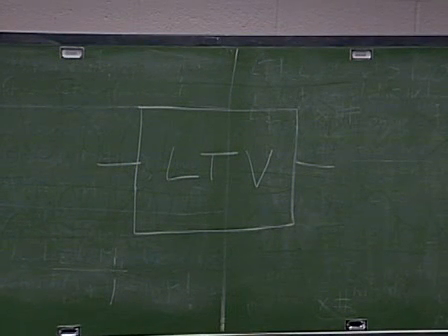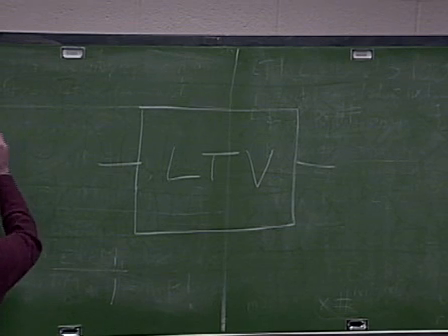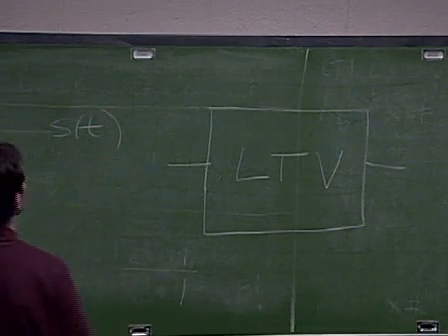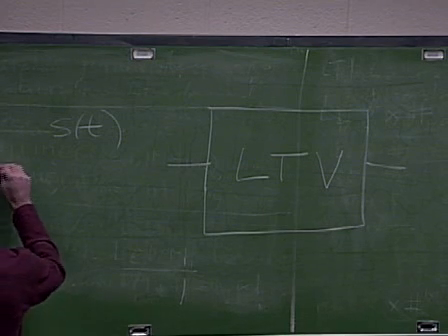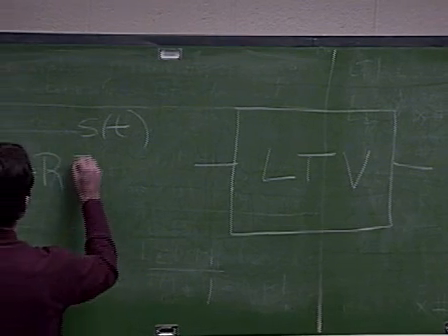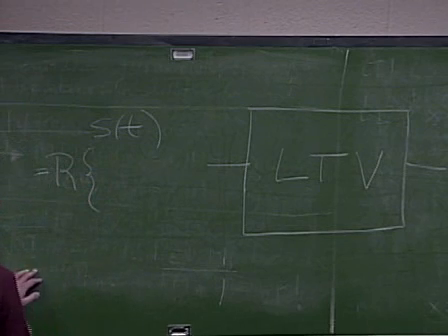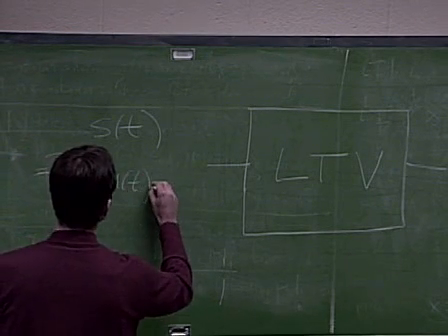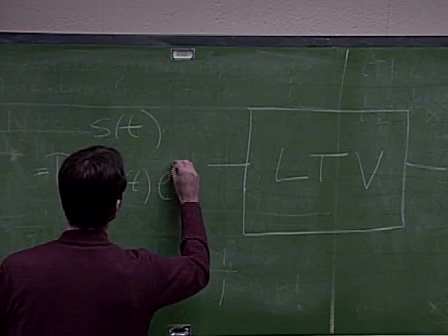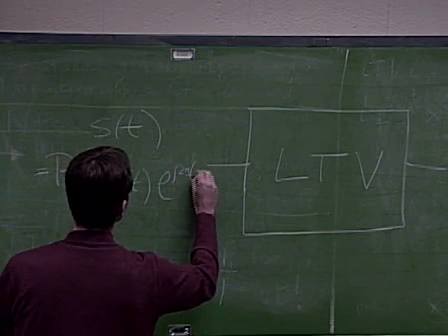So let's use the same notation. The signal we send is called s of t in the passband domain. And remember that we can express this using the low pass equivalent as the real part of u of t times e to the j 2 pi f_c t.